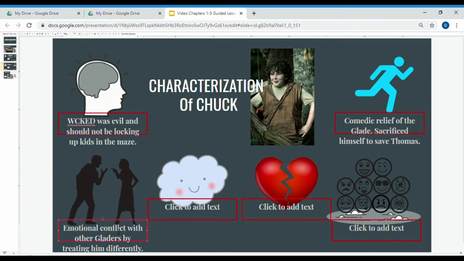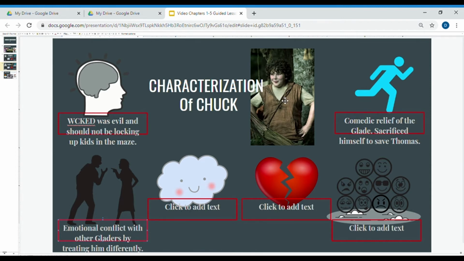So again, for these sentences or these explanations, I'm not looking for giant long paragraphs. I'm just looking for short, quick, concise sentences, especially on these guided reading notes, because when we get to the Google Classroom assignment, we're going to go a little bit more in depth with the characterization traits.